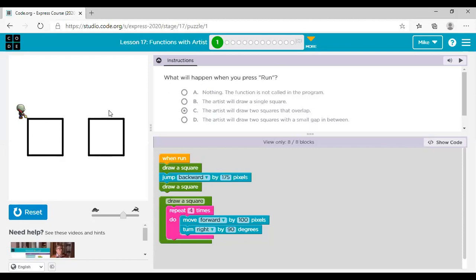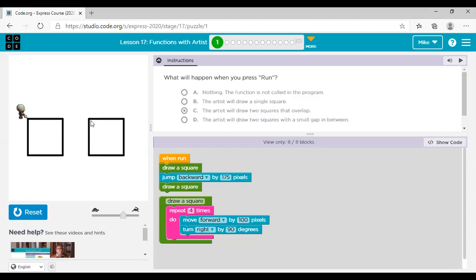So who can tell me how big is this gap in between the two squares? If you use some math, you'll be able to figure out how big that gap is.